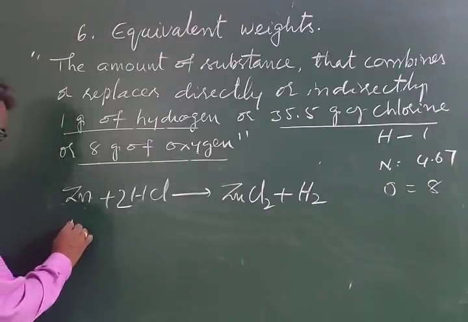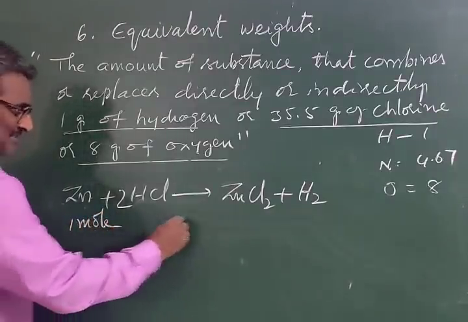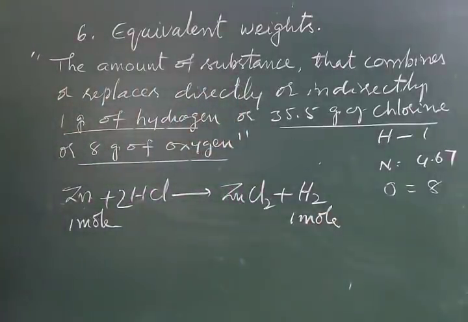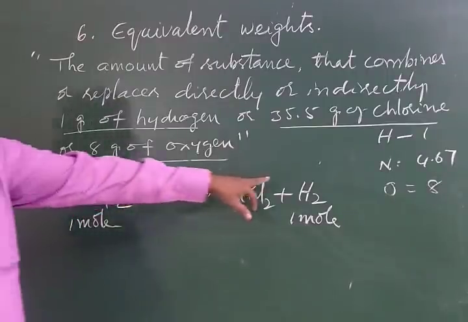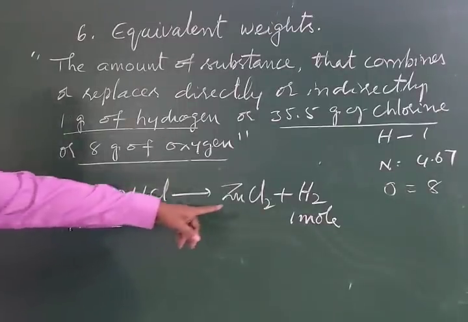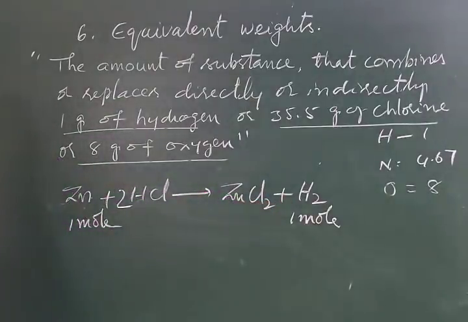From this, 1 mole of zinc liberates 1 mole of hydrogen. Zinc doesn't react with hydrogen, but zinc liberates hydrogen from HCl. If zinc is treated with dilute or concentrated hydrochloric acid, hydrogen gas is liberated.